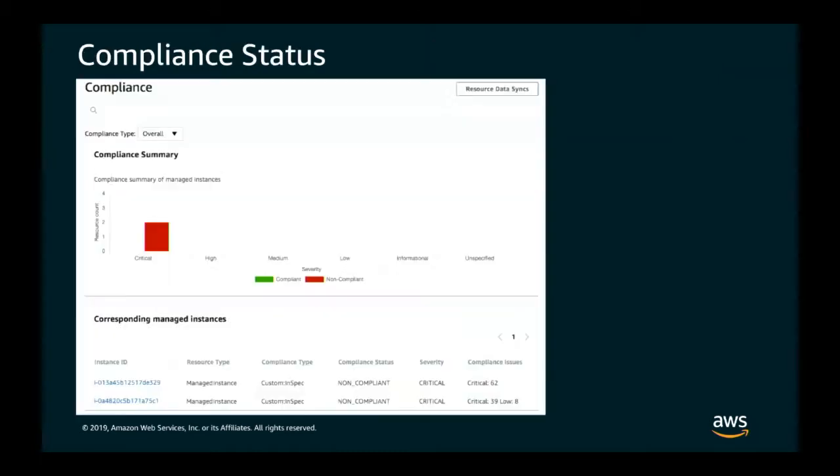What it will result in is that you can actually then see which of your managed instances with Systems Manager in this case are compliant or not compliant with the InSpec profiles. So in this case here, we have 2 managed instances, and both are not compliant and have some critical violations against these policies, right? So again, at the end of the day, this is just InSpec, but we're executing it through the integration with AWS.